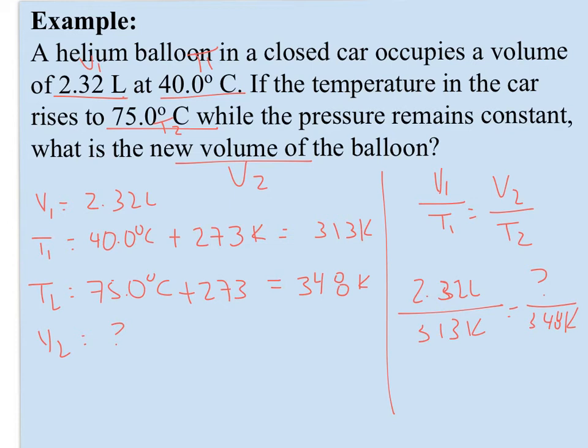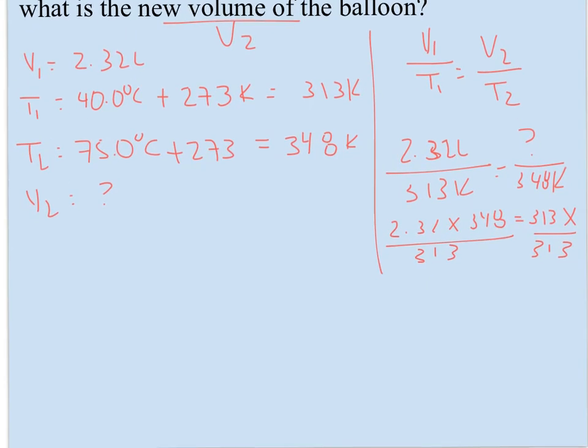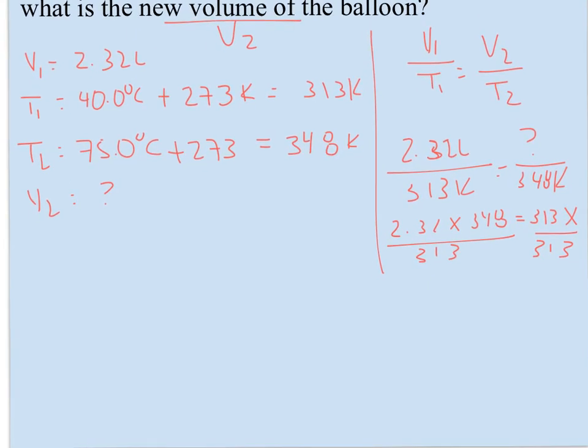So now you cross multiply and divide. So I'm going to end up with the 2.32 times 348 equals 313 times x, or my unknown. So I cross multiplied. Now I divide by that 313. Again, I think it's good practice to think about what should be happening.